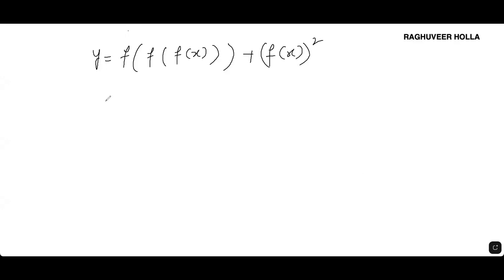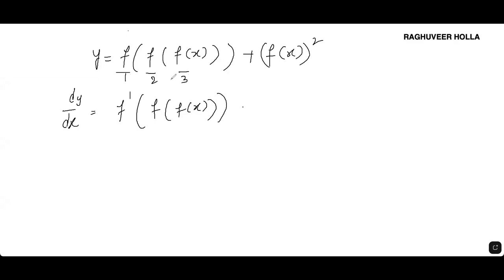So let us solve this problem. First we differentiate this, and then again this, and then this. So dy by dx is equal to f dash of f of f of x. So close the brackets, and now let us differentiate this.